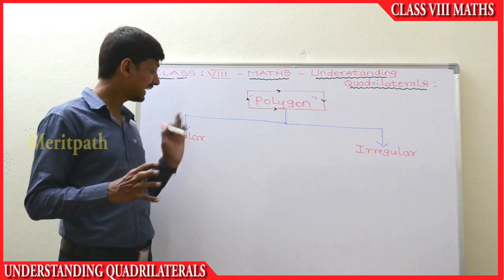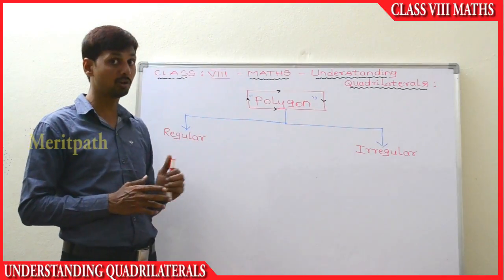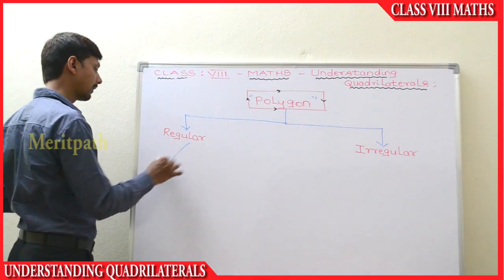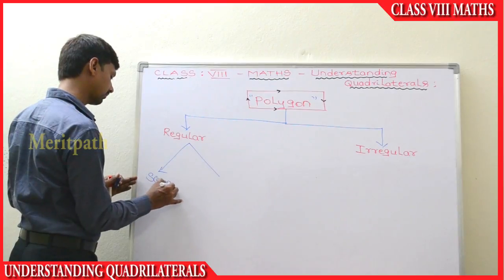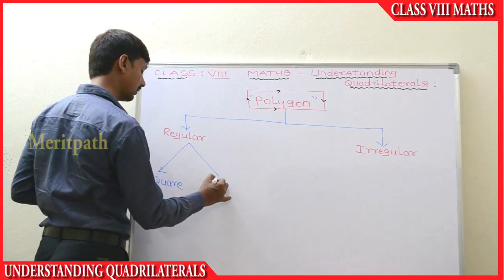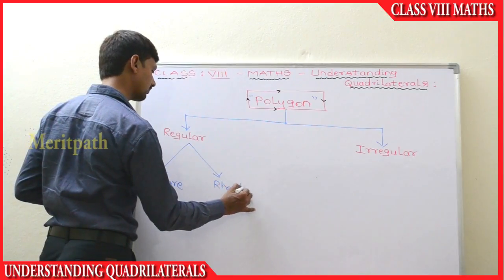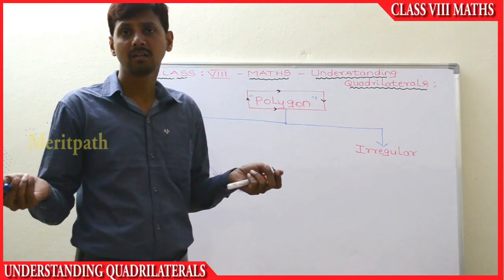Let's discuss the regular polygon and the irregular polygon. Regular polygons are the square and rhombus. Irregular polygons are nothing but those with different sides.